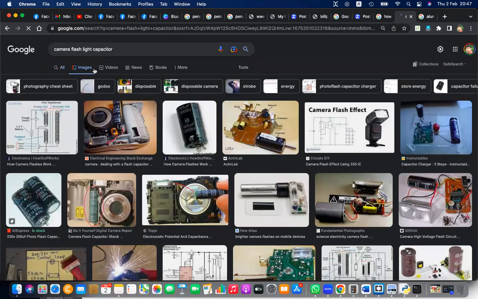Okay, camera flash lights have a capacitor like this. There is a capacitor in this camera flash light, right?